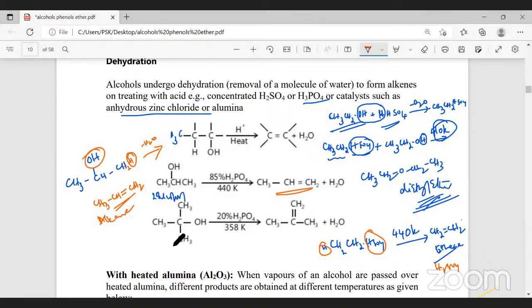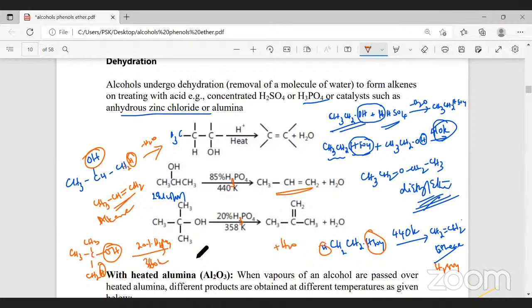Yes, sir. Now the same reaction here also, tertiary alcohols. Tertiary alcohol, I will write like this: CH3, CH3, C, CH2, H, I will write OH. This is CH3. When this is treated with 20% phosphoric acid, H3PO4, at 360 Kelvin, again this hydrogen and this OH get eliminated as water.